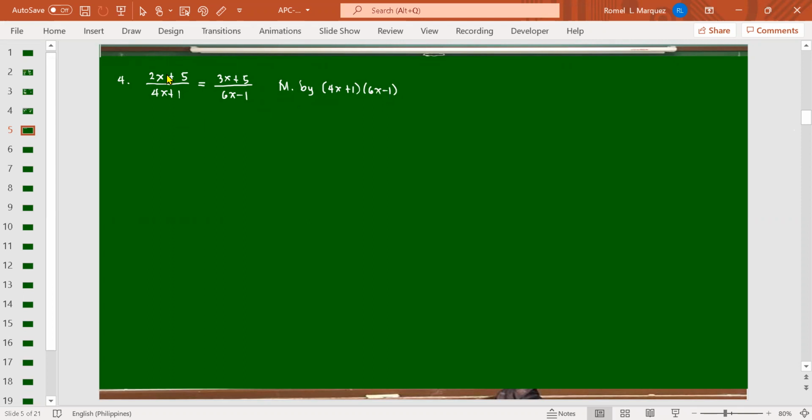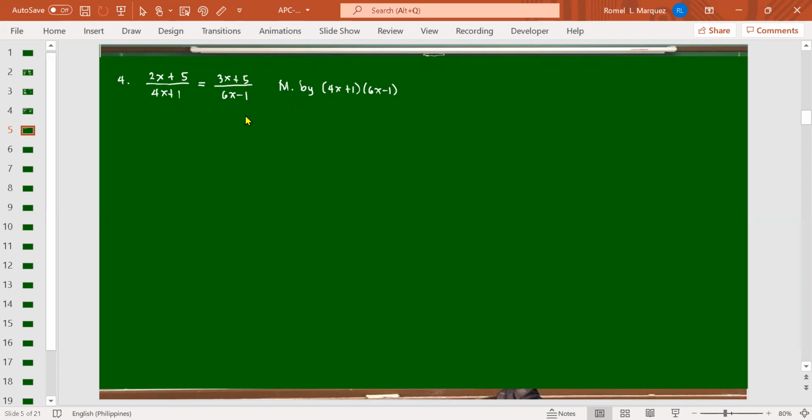Informally, we say we cross multiply. No? So informally, but mathematically, that is we what? We multiply each side by this expression. No? So that 4x plus 1 will be eliminated on the left side, and on the right side, 6x minus 1 will be cancelled.